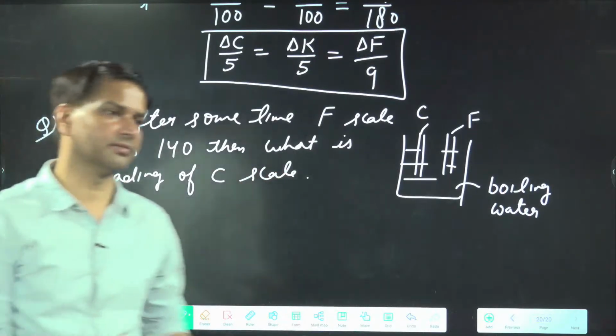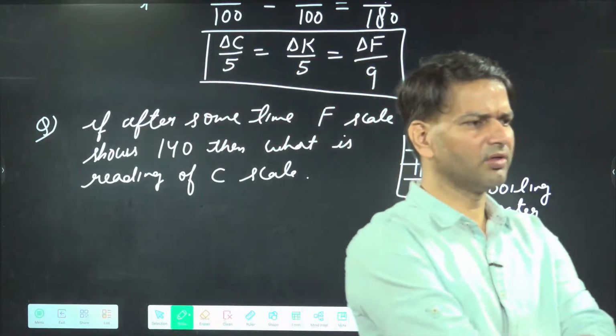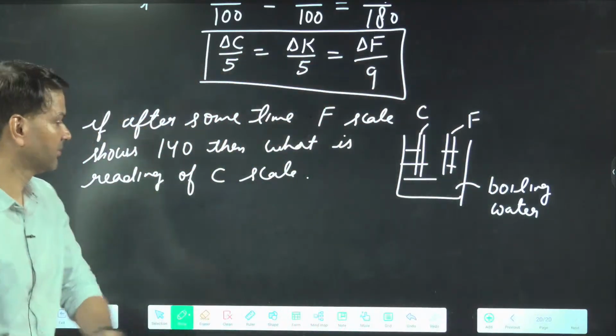What is the answer? 60. Are 36 nearly? How? Calculation mistake all the time.